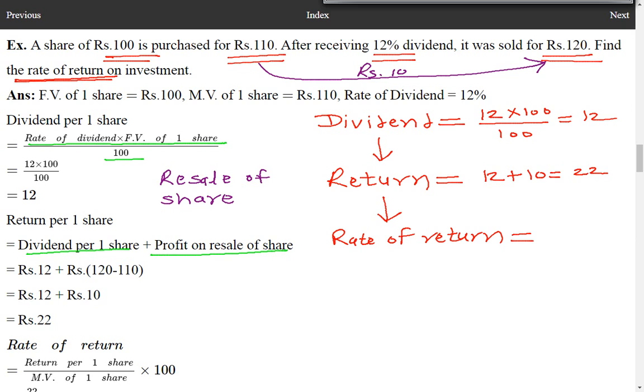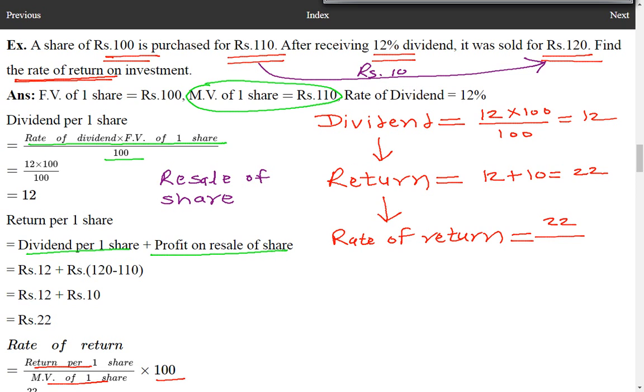Finally we will find rate of return. It is equal to return per one share upon market value of one share into 100. Return per one share is 22. Market value of one share is given as 110.